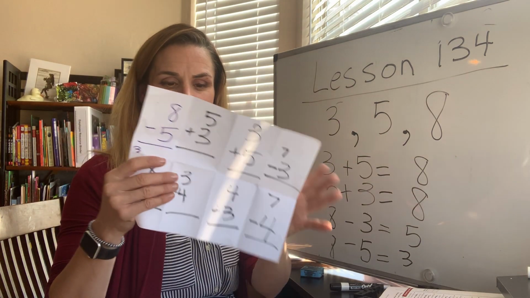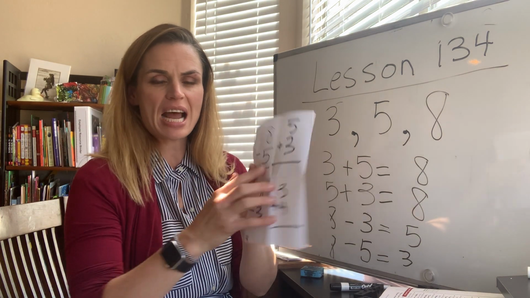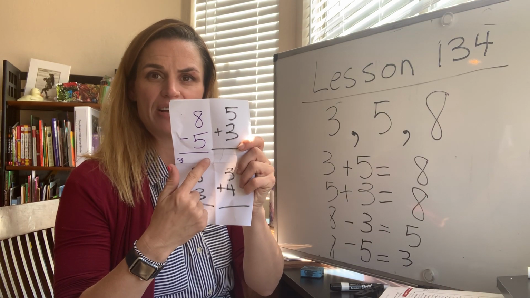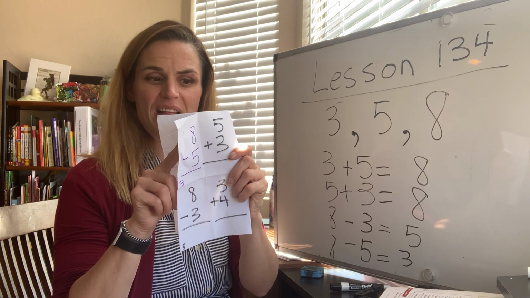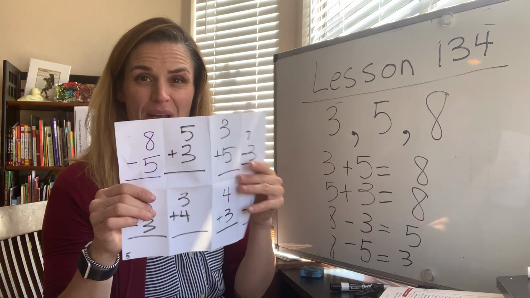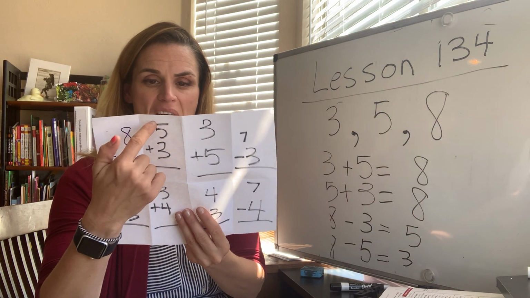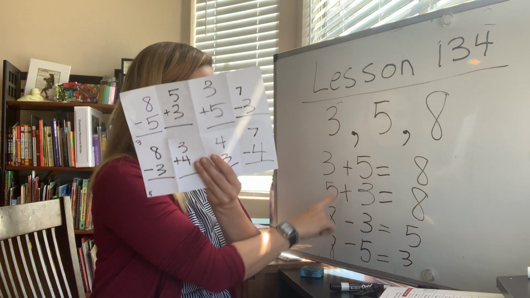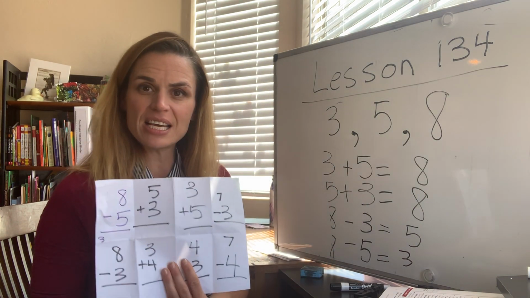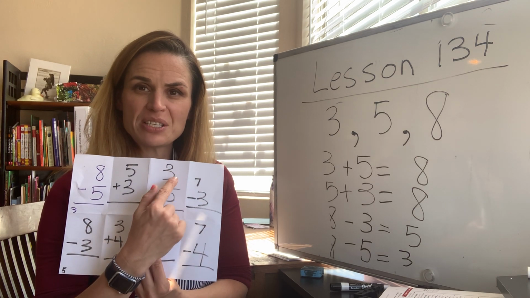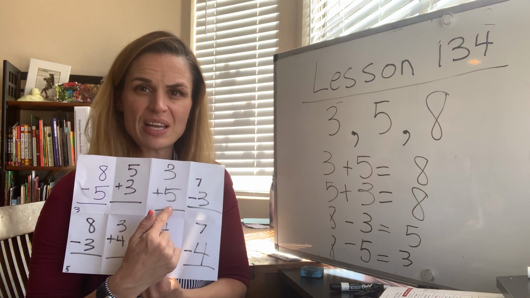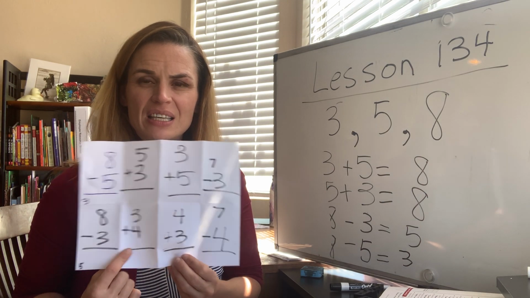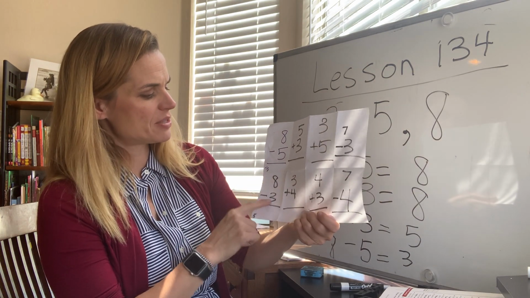See that? And what I did on my 8 squares is I wrote the facts down. 8 minus 5 is 3, and I'm putting the answer on the back so they can be used as flashcards. 5 plus 3 is 8, and I'm just going to copy it down just like we just did. So take a moment to do that. 3 plus 5 equals 8. 8 minus 3 equals 5.